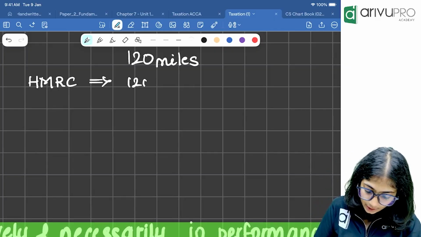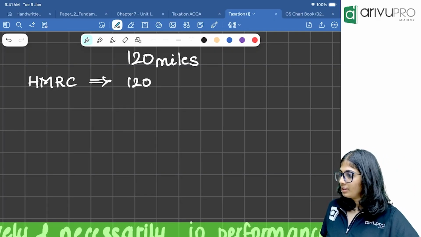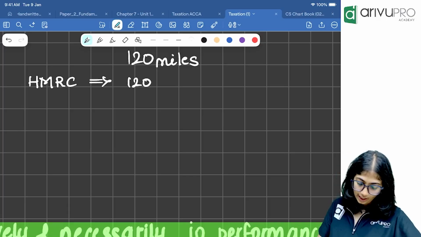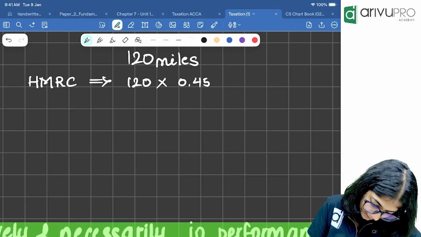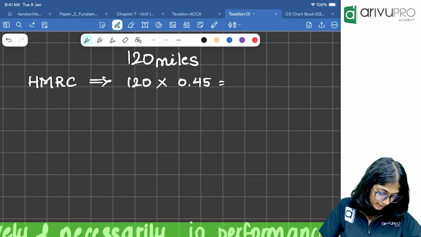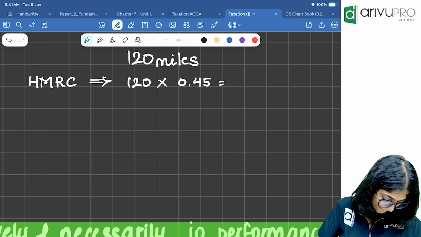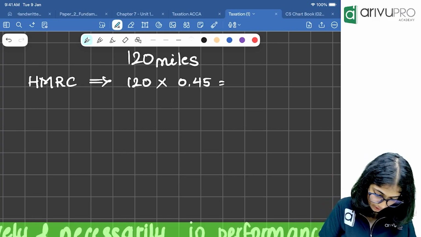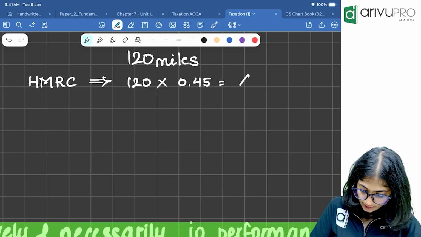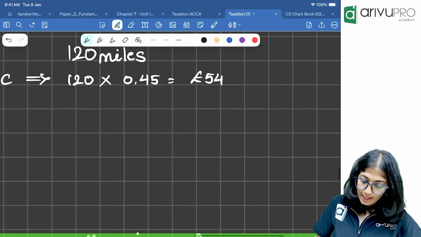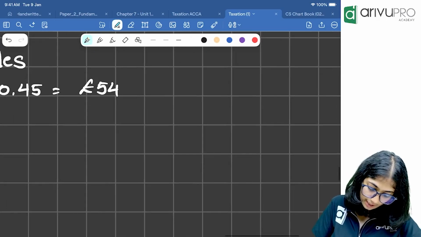Let's say 120 miles have been used of your own car, into 0.45. How much is that? 0.45 into 120. 54. 54 pounds of allowable deduction you're supposed to have.